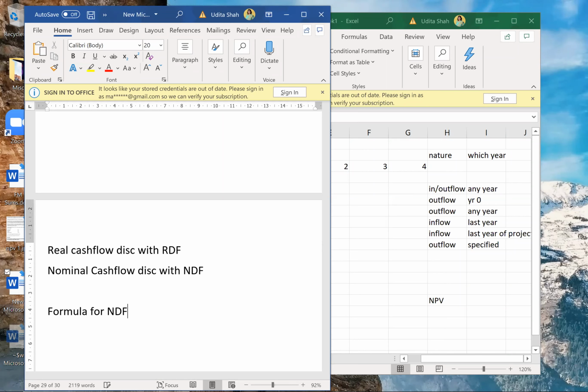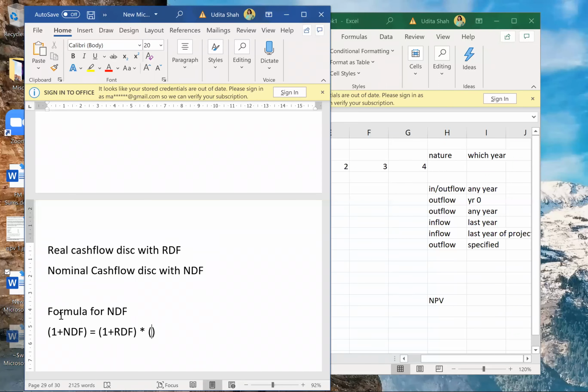The formula is 1 plus NDF equals 1 plus RDF into 1 plus I. RDF is what we already know, your WACC.